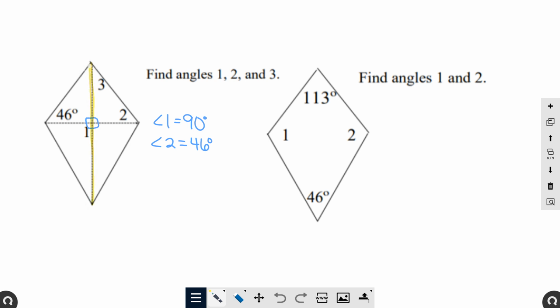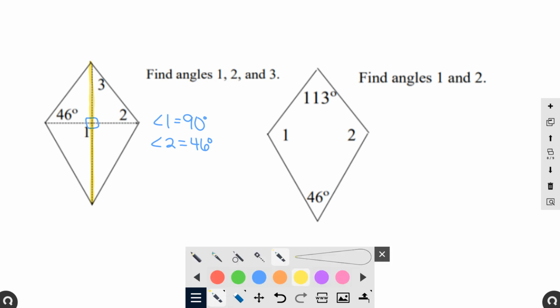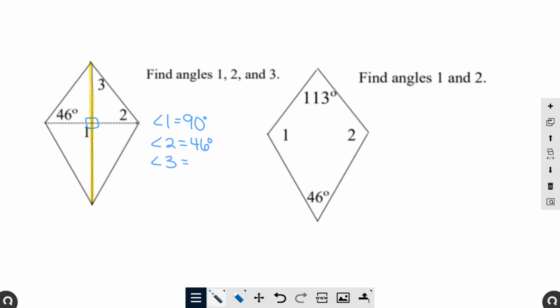And this is a what? Line of symmetry. So if I folded that in half, bam, pancake, 46. All right, angle 3. Why 44? You're exactly right.